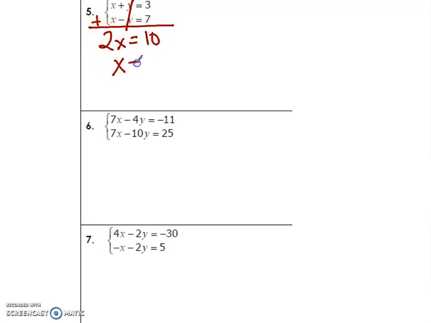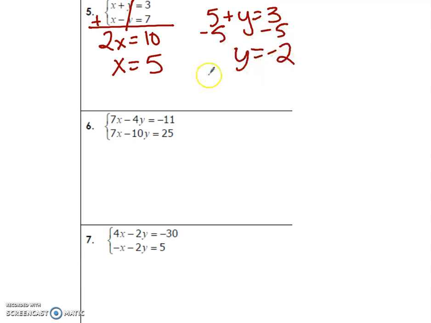Then we divide by 2, so x equals 5. Now, we plug that back in, so we have 5 plus y equals 3. I used the first equation, you could use the second equation, that's fine. So minus 5, so y equals negative 2. So our point is (5, -2).